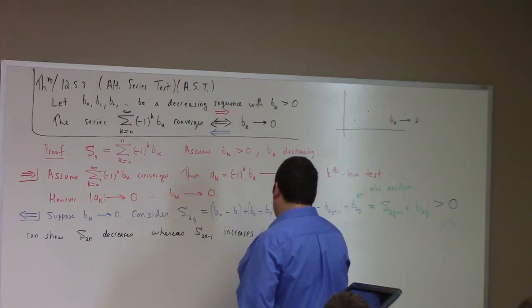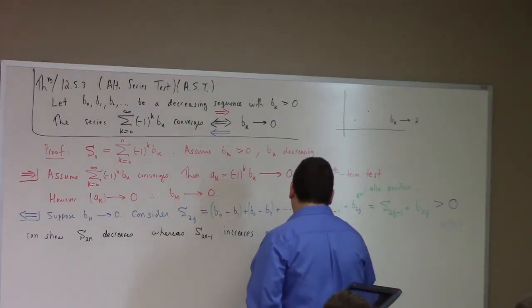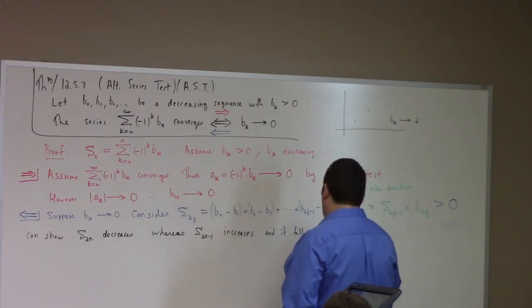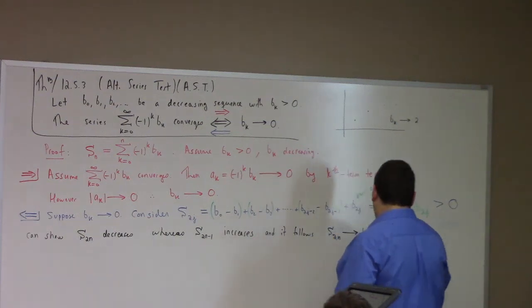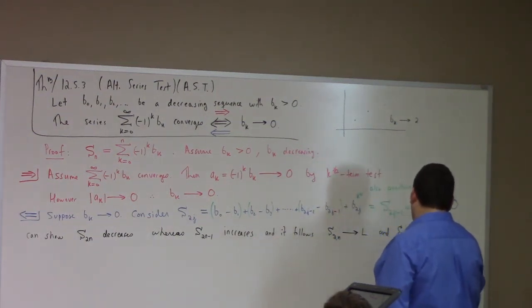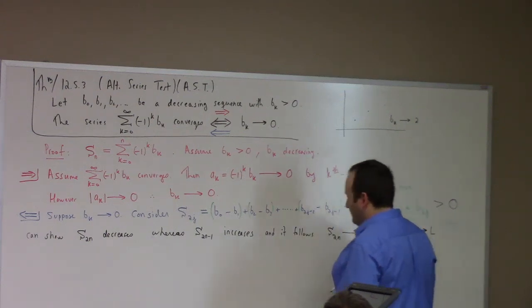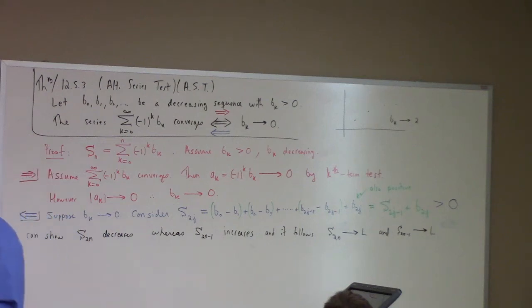And it follows that S sub 2n converges to L, and S sub 2n minus 1 converges to L. And if both the odd terms and the even terms of a sequence converge to the same thing, it follows then that the sequence converges to the same thing.